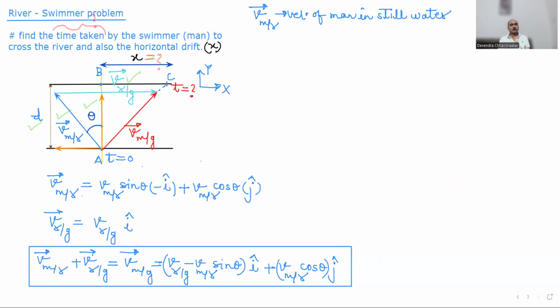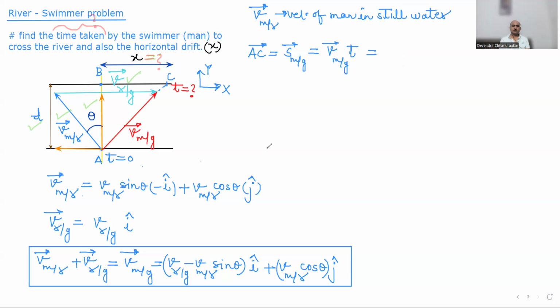So you can understand. Isha, you understood or not? Yes sir. Now, displacement of man with respect to ground is AC. AC is the displacement of man with respect to ground. So this is VRG minus VMR sine theta, or I should write it as VMG into time, isn't it?